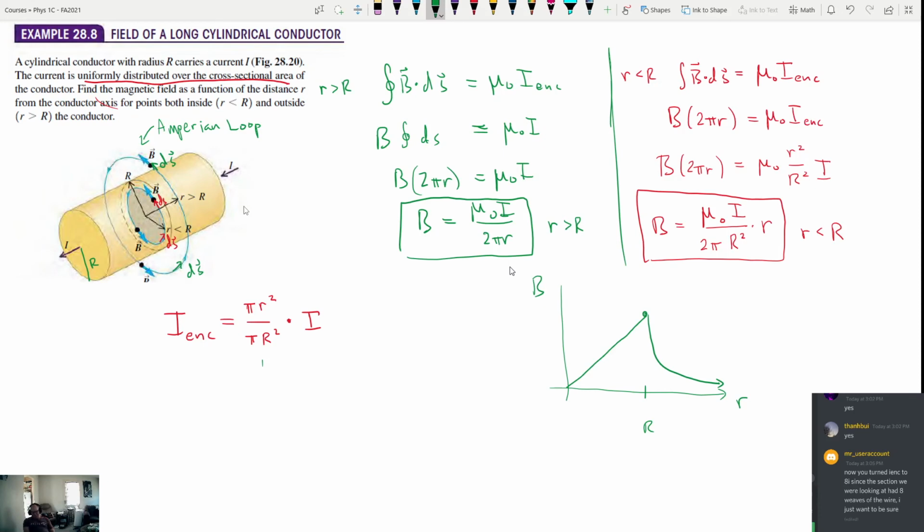I will say there is a more general way to do this, and your homework won't be quite this simple. If you want to find the current enclosed, what you're going to need to do is a double integral of J dot dA, where J is current density.